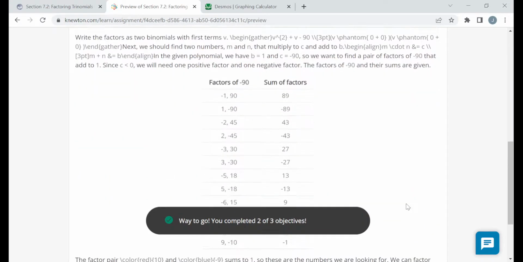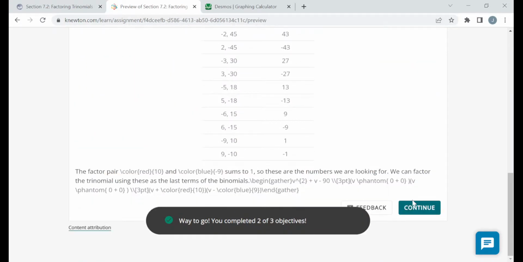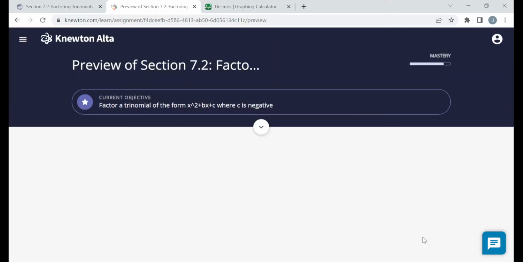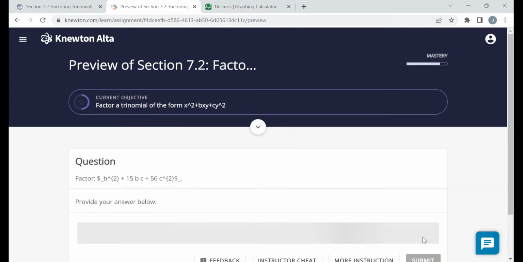Great, and then we got a couple more with the two variables. Again, all I'm doing is adding the second variable to the second term of each factor. Still doing the same procedure. So here I have b squared plus 15bc plus 56c squared. So again, it's in one of those special forms like in the objective here with a lead coefficient of 1.